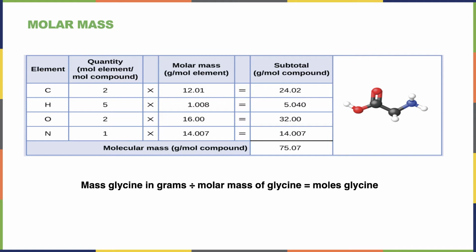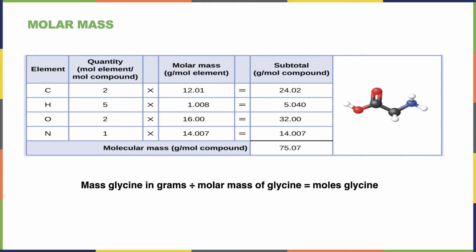And 2 times 12.01 is 24.02. You add that up and it's 75.07. So the formula mass is 75.07 AMU and the molar mass is 75.07 grams per mole.